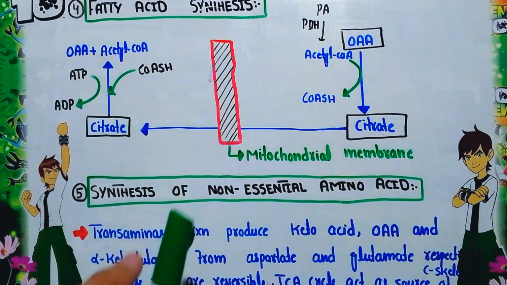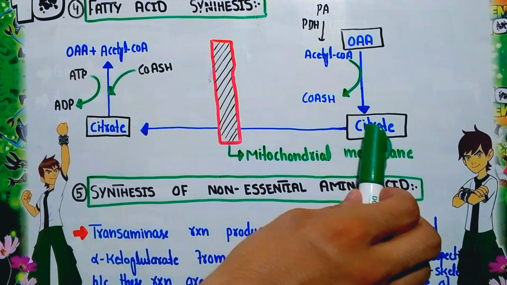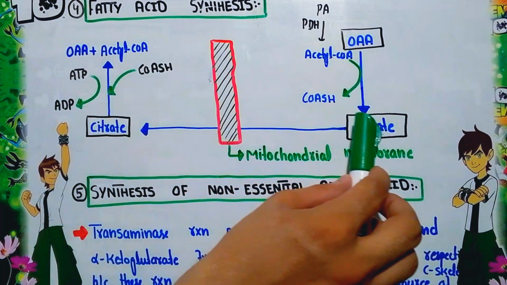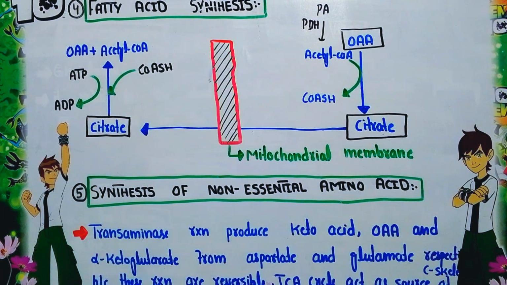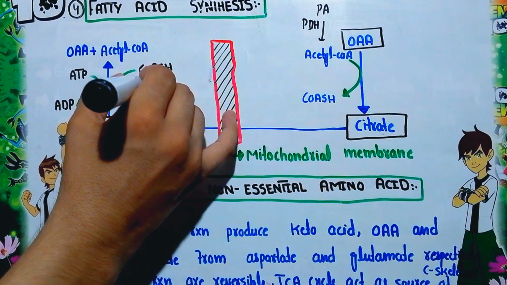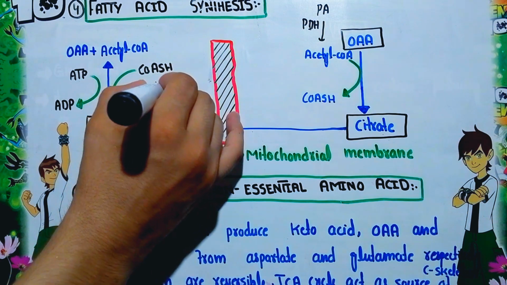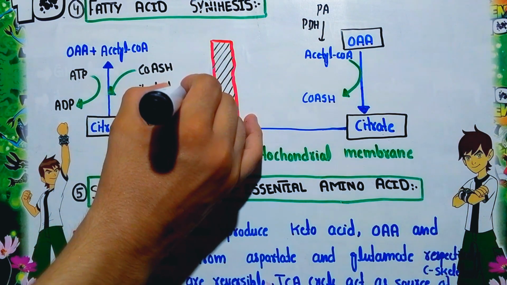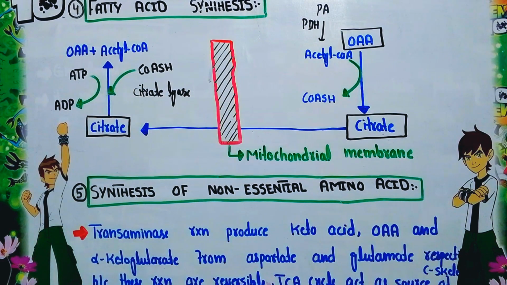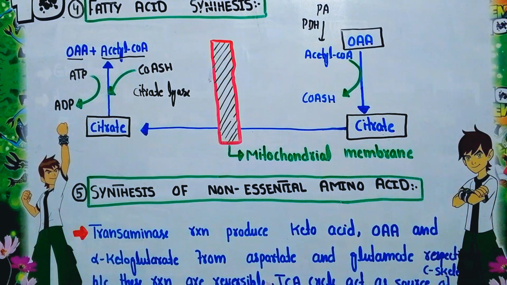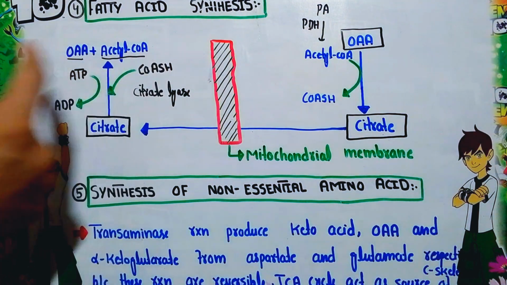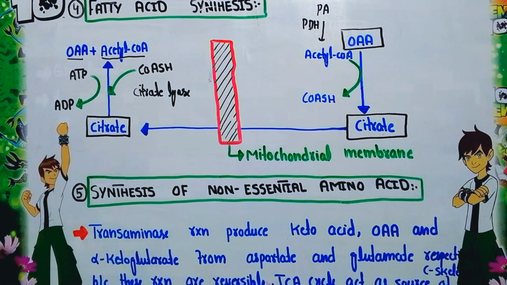The mitochondrial membrane is permeable to citrate, so citrate comes out from the mitochondrial matrix into the cytosol. When citrate comes into the cytosol, the enzyme citrate lyase acts on it and converts it into its constituents, oxaloacetic acid and acetyl coenzyme A. Here one coenzyme A is added and one ATP is utilized.